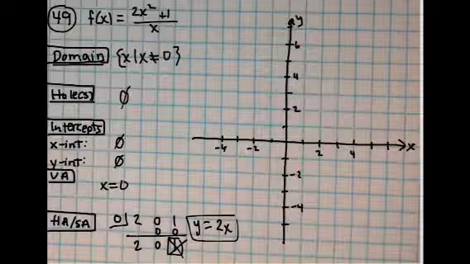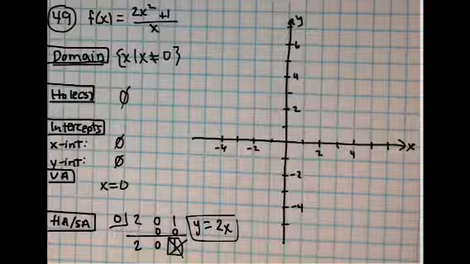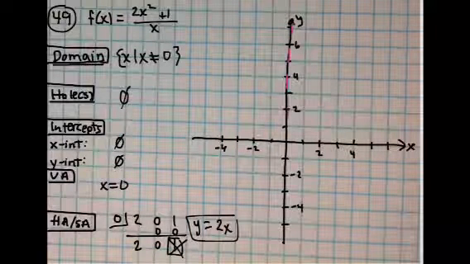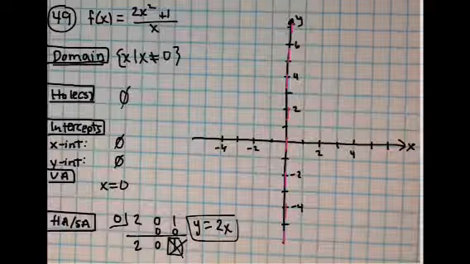First we'll start off by graphing the vertical asymptote, x equals 0, so it's right over the y-axis. The slant asymptote is y equals 2x, so the slope is positive 2, up 2 over 1.